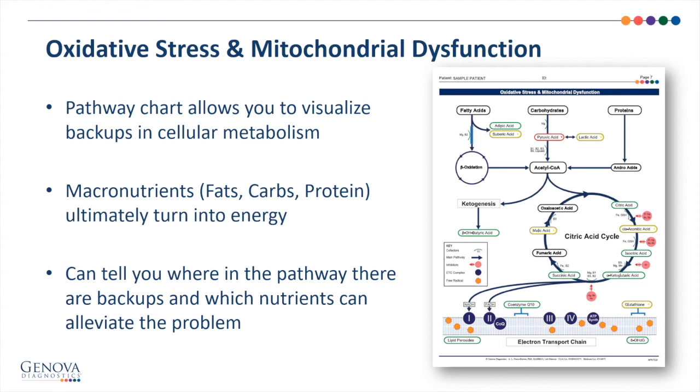So at the top of the page, we're looking at how macronutrients like fats, carbs, protein ultimately are turning into energy at the bottom. And if you really start to see backups in these pathways, or maybe even evidence of oxidative stress or poor antioxidants, then it's very suggestive of an overall problem around oxidative stress and mitochondrial dysfunction.